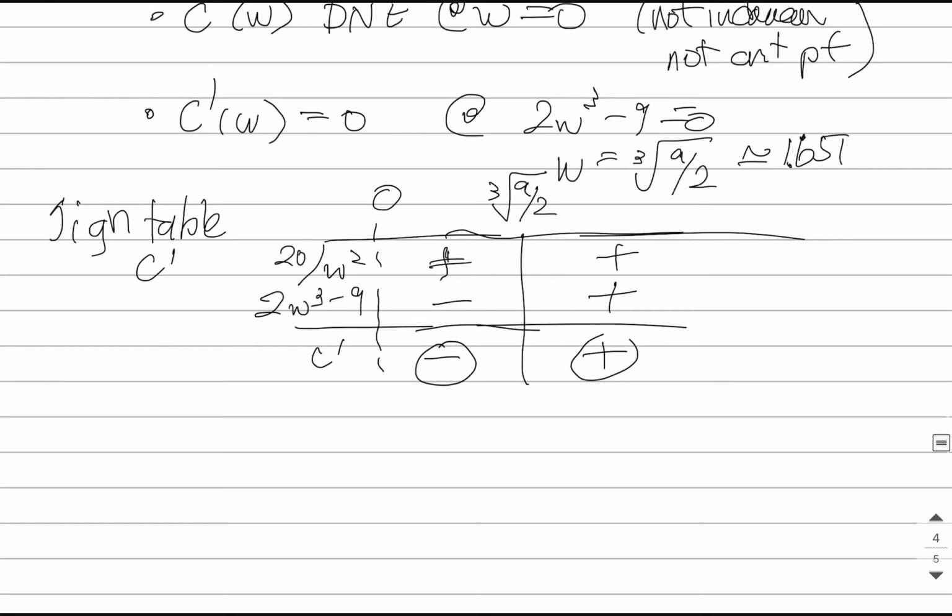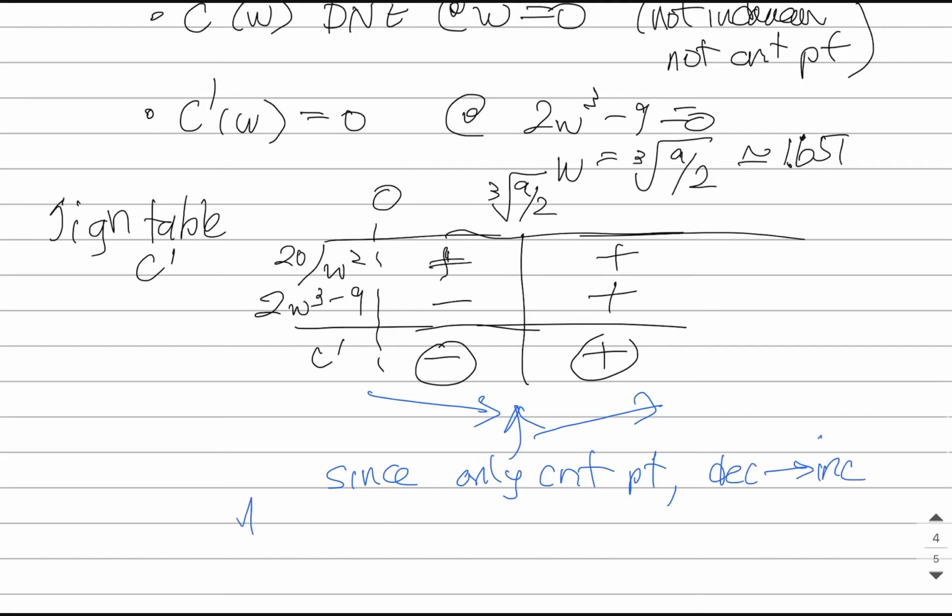Now, according to what we had discussed before, since this is the only critical point, and we are then going from decrease to increase, this point here is an absolute minimum for the function c of w. If you wanted to, you could take a graph of this function and study what it looks like.